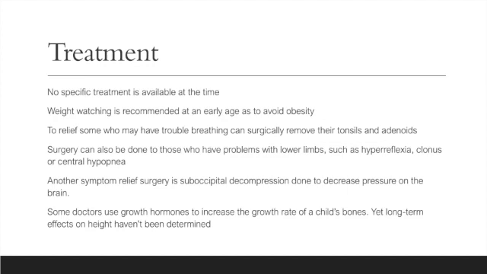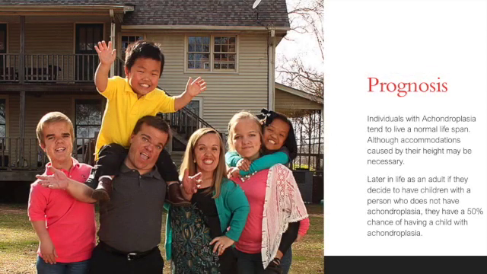Overall, individuals with achondroplasia tend to live a normal lifespan, although accommodations caused by their height may be necessary. Later in life, if they decide to have children, more specifically with a person that does not have achondroplasia, they would most likely have a 50% chance of also having a child with achondroplasia.